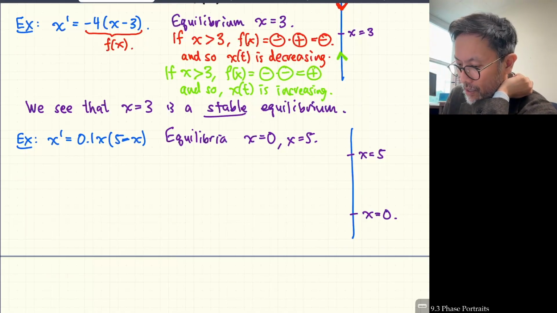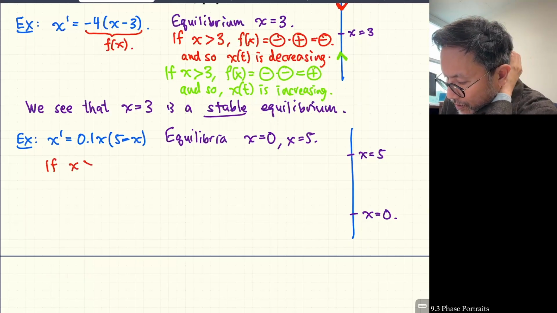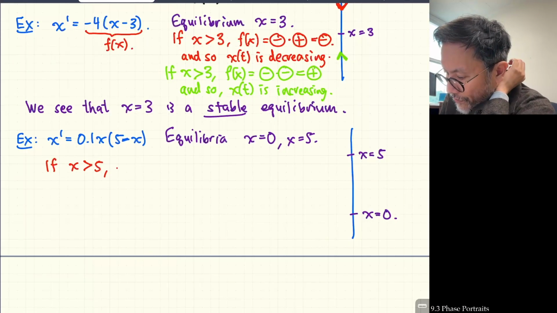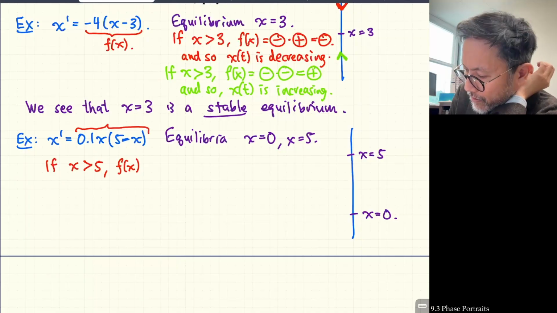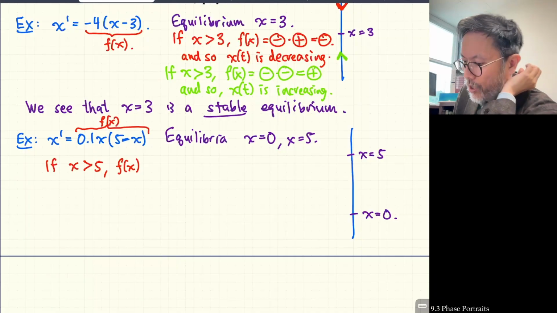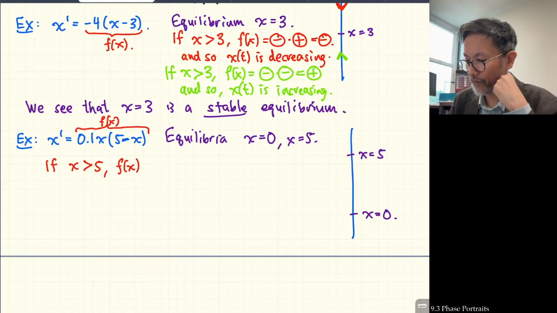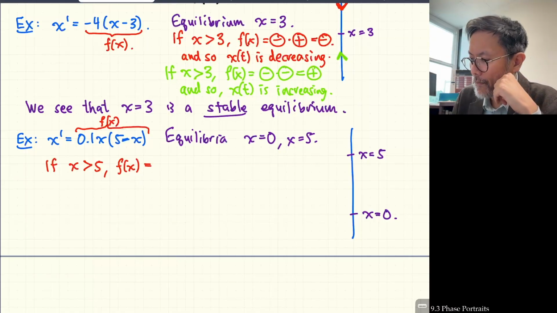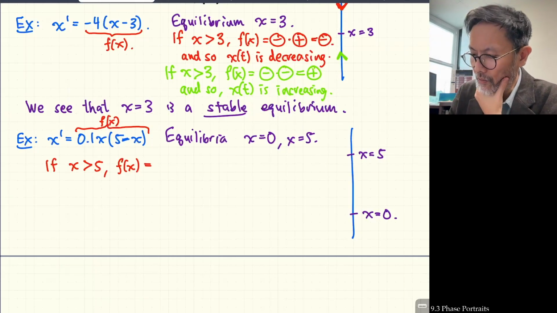So if x is greater than 5, then f of x. So of course, just to be clear, this is my f of x now. What can we say about f of x now if x is greater than 5? Well, just think through the signs here. That's positive.